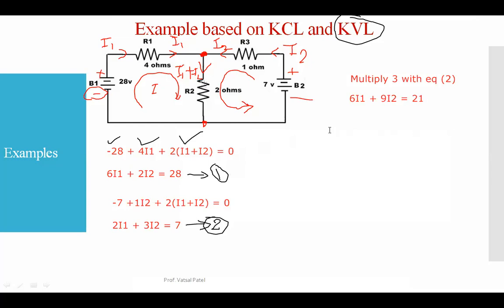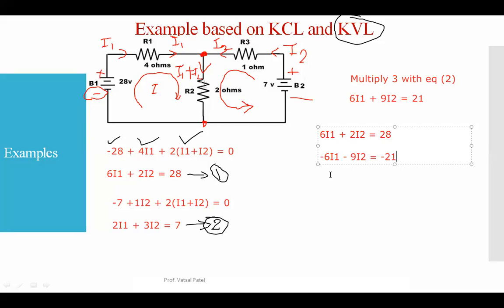So first equation I will write as it is, 6I1 plus 2I2 is equal to 28, and then multiplying the second equation with the minus sign, what will be there? Minus 6I1 minus 9I2 is equal to minus 21.